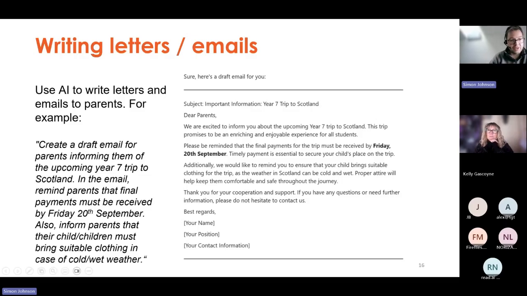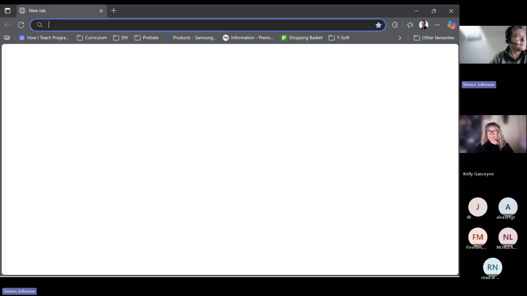So what I'm going to do, I've got some prompts that I've created earlier, and this is my top tip. If you find a prompt that works for you, save a copy of that in your docs or in a shared drive, so that you can use them again. So I'm going to go back into Gemini.